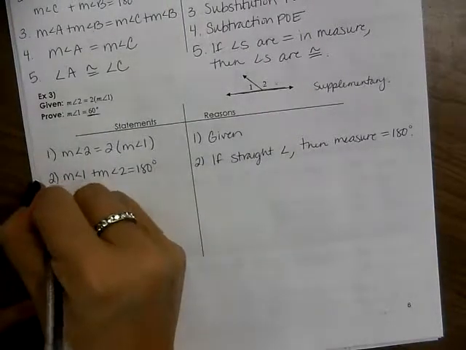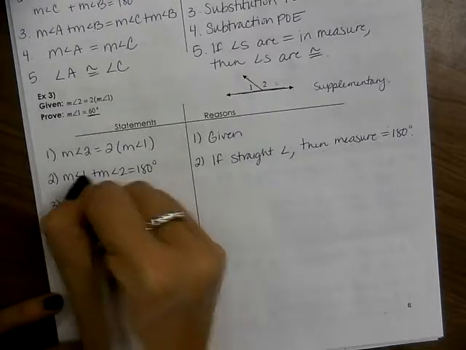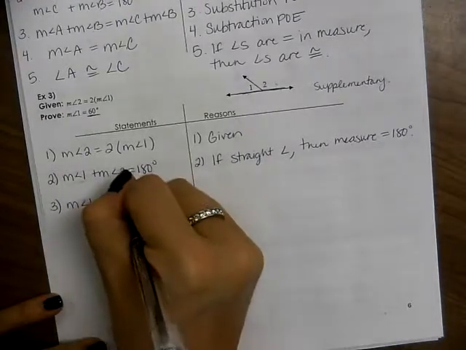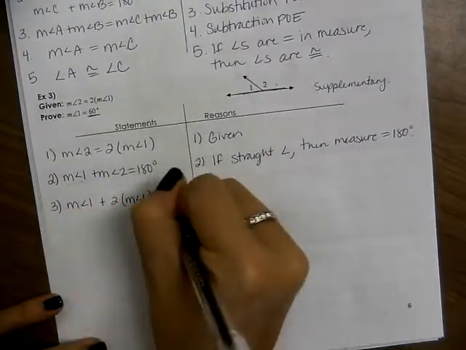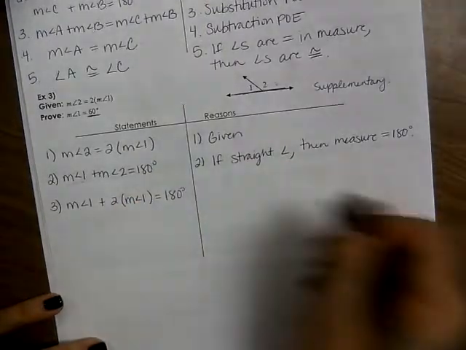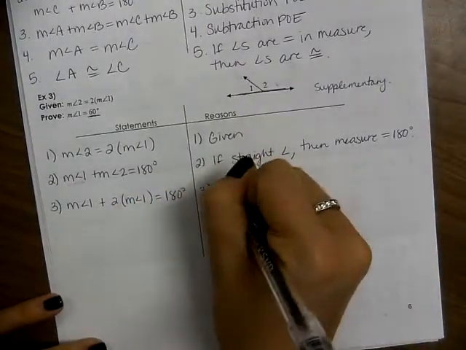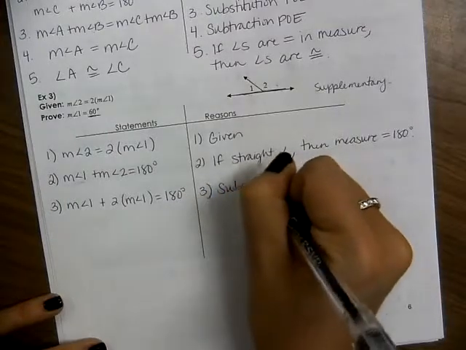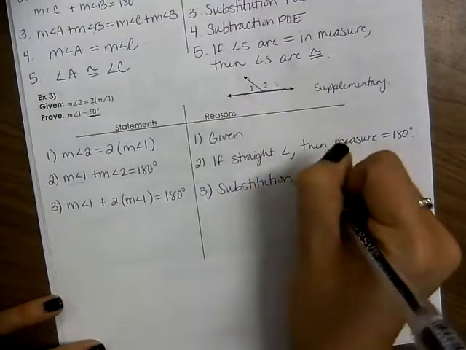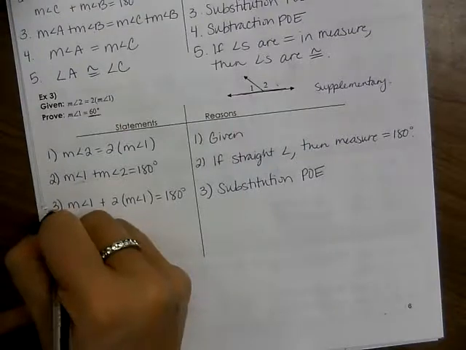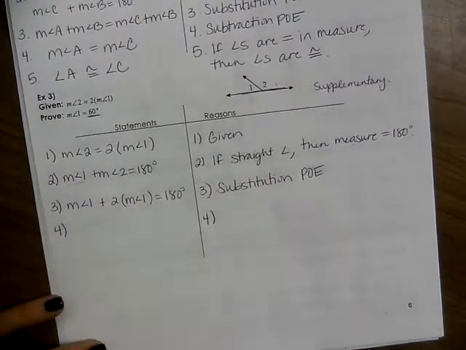So that's what I'm going to do. I'm going to substitute. So I get the measure of angle 1 plus 2 times the measure of angle 1 equals 180 degrees. Okay, and that's just substitution property of equality. Okay, remember we can use POE.